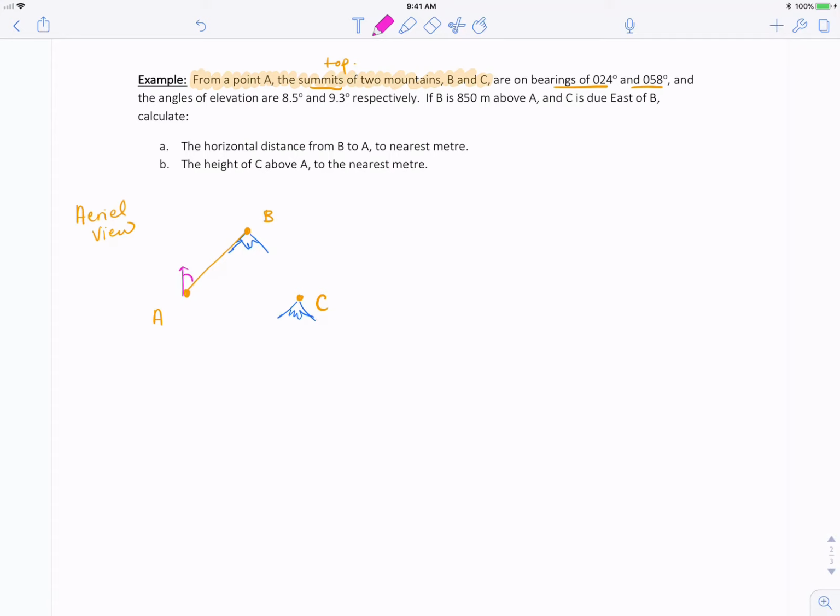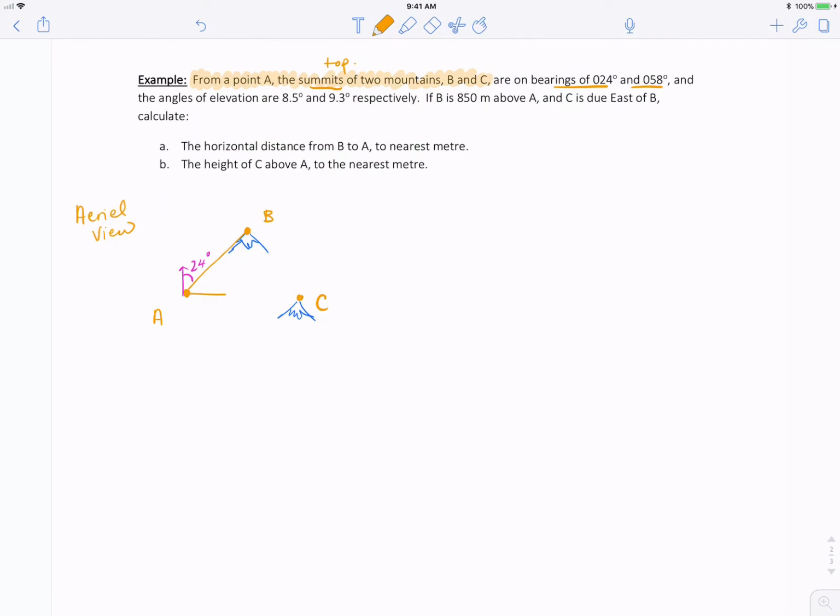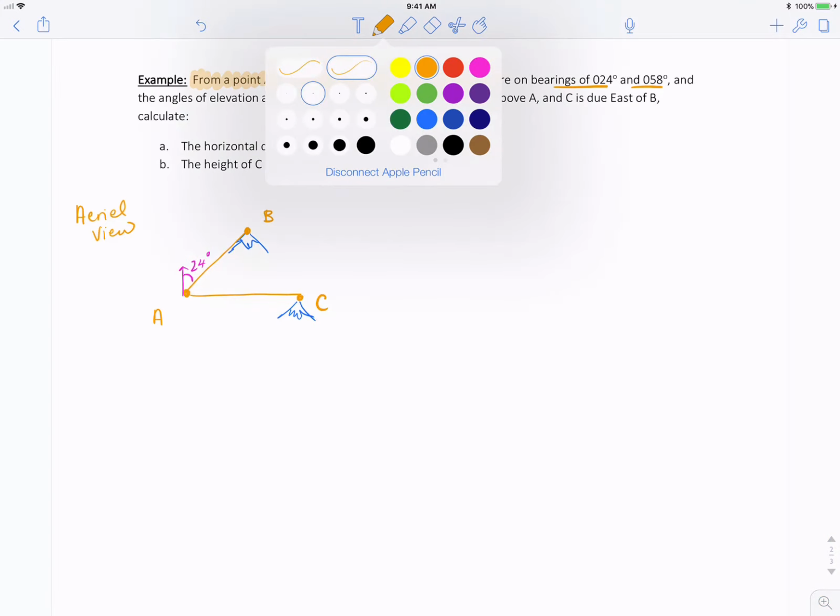It means this angle is 24 degrees. Straight ahead would be 0 and 24 to the right. If I look at the angle between A and C, it doesn't quite line up, but that's fine. Actually, that's going to bother me, so I'll redraw it. If I look at this angle, it says that whole angle is 58 degrees.